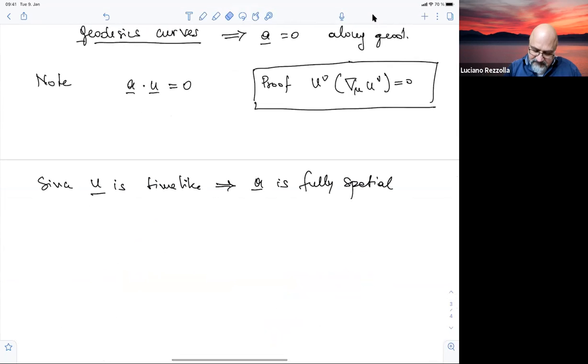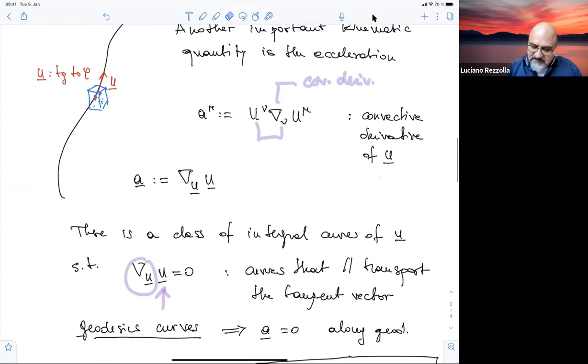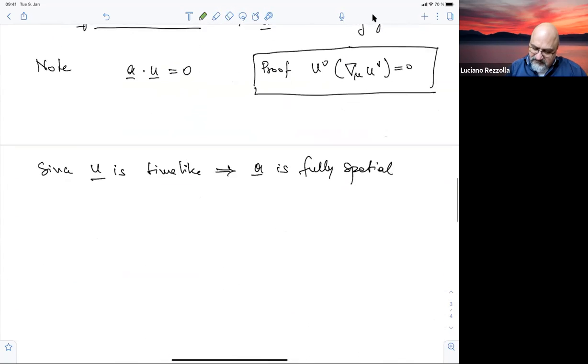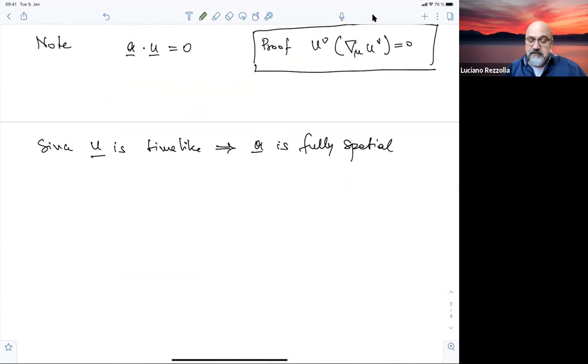So what does this mean? It means that if I have U, then I can define a hypersurface which is orthogonal to U, and on this hypersurface I can define my acceleration A. And of course, U and A are going to be orthogonal. Now, why bother? Why should we pay so much attention to A and U?